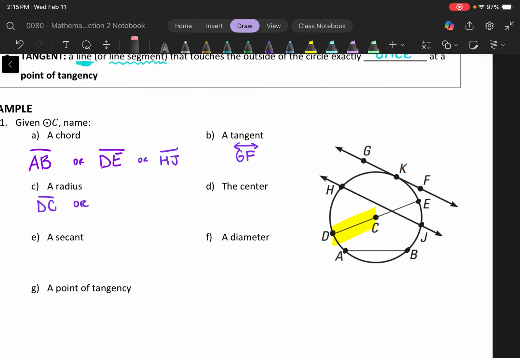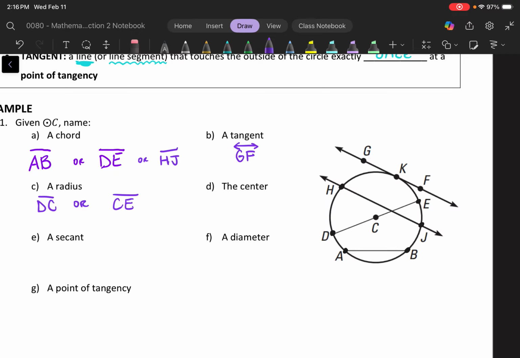So instead of saying DC is that line segment, I could also talk about that other piece that connects C to E, the center to the edge. These are all of my radii in my diagram. If I had more, I could list them. I'm only asked for one. So as long as I have one of these two line segments, I'm happy.